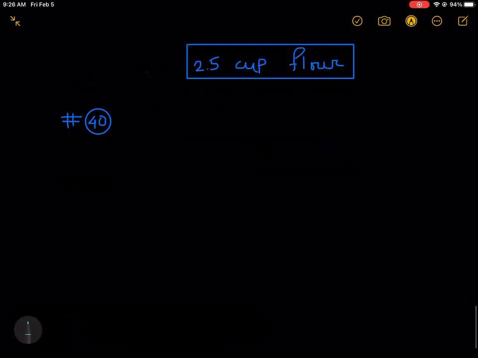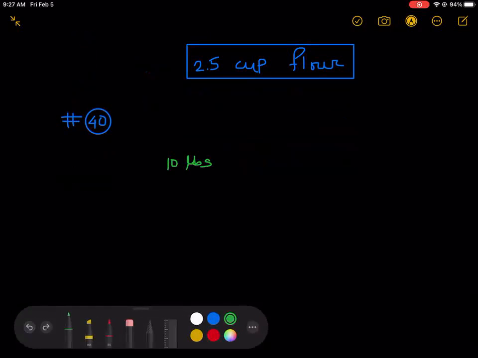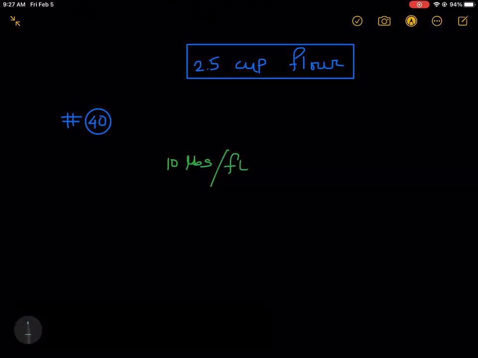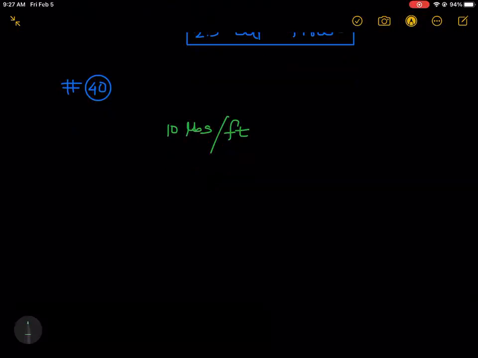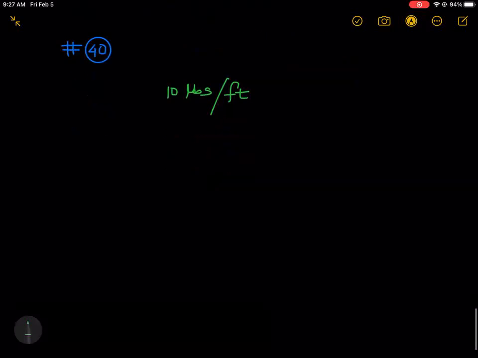A chain weighs 10 pounds per foot. So we can write like this. How many ounces will 4 inches weigh? So this clearly means we need to know the conversion from pounds to ounces and from feet to inches, or vice versa.